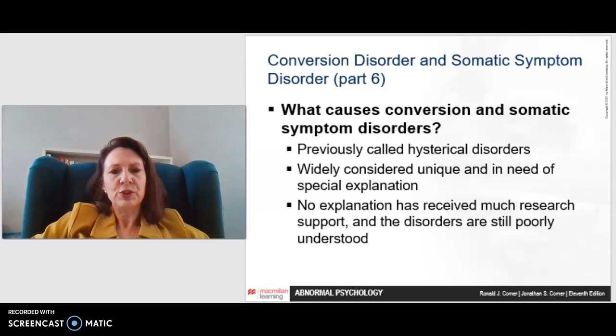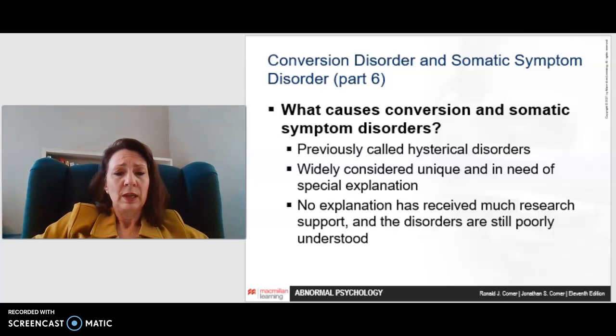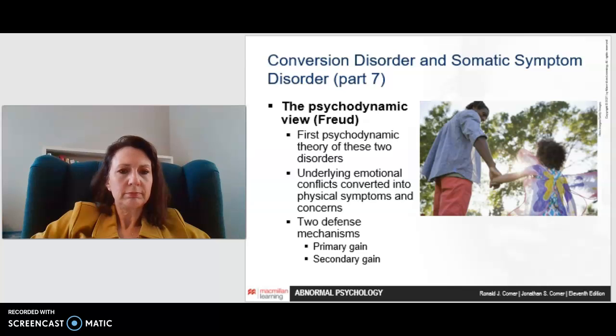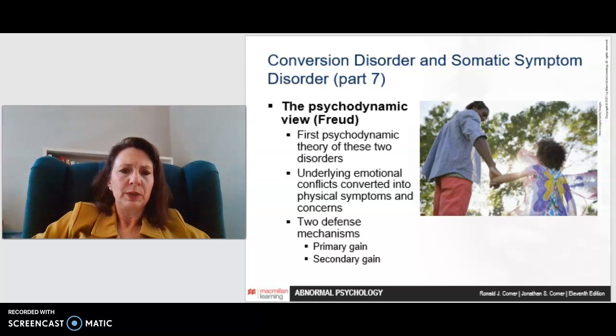So what causes conversion and somatic symptom disorders? They were previously called hysterical disorders. They are widely considered unique and in need of special explanation, but none has really received much research support, and the disorders are still poorly understood. In the Freudian tradition, the psychodynamic view says that these two disorders relate to underlying emotional conflicts that are converted into physical symptoms and concerns.